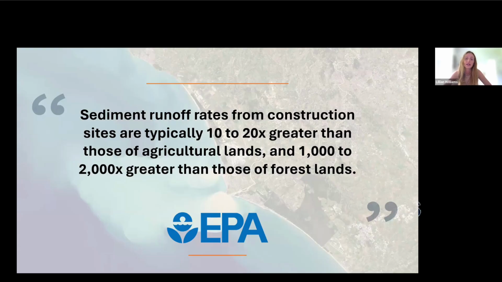So during just a short period of time, construction sites can contribute more sediment to streams than can be deposited naturally during several decades. This resulting siltation and other pollutants in the sediment can cause chemical, physical, and biological harm to our nation's waterways. For example, excess sediment can quickly fill rivers and lakes that require extra dredging and destroy aquatic habitats. So there's a lot of potential harm that could happen due to sediment runoff.